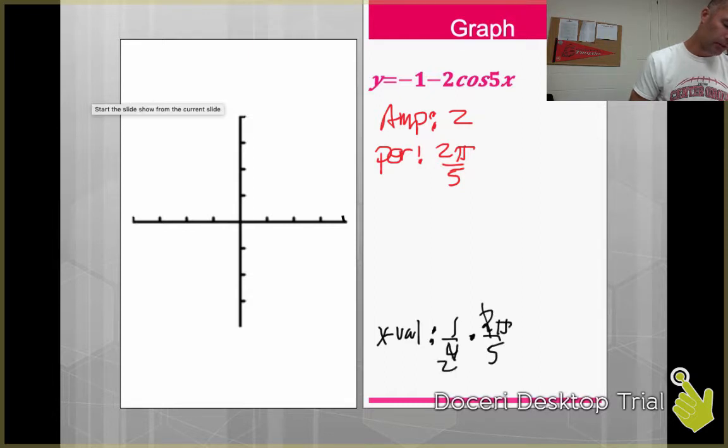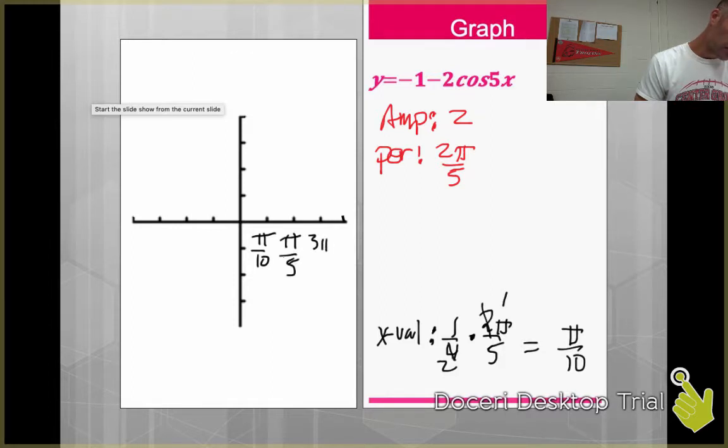So that reduces to 1/2. So that gives you pi over 10. Okay, so each one of my tick marks is a pi over 10. So this would be pi over 10. This would be 2 pi over 10, which is pi over 5. This would be 3 pi over 10, 4 pi over 10, which reduces to 2 pi over 5.